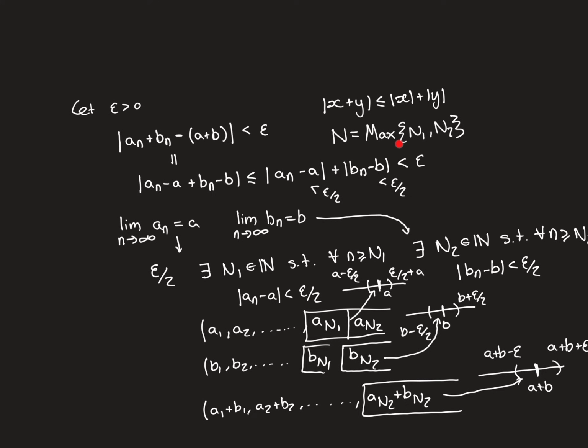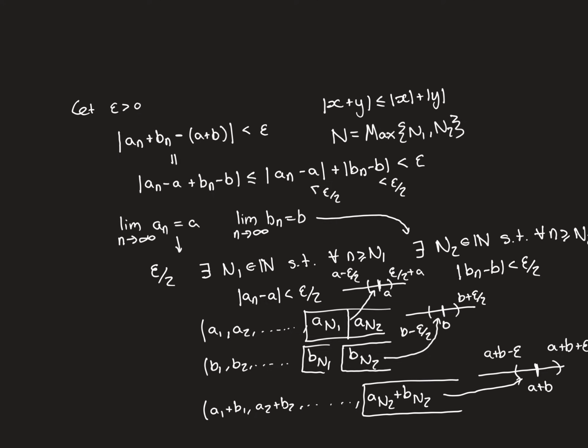So that's how you can find your big N. If they were the same number, of course, then the maximum is just that same number. But in general, one will be bigger than the other, so take that bigger one, and that will do as your big N, and you then have a proof that for all of those terms in your third sequence onwards, the distance between them and the limit will be less than this epsilon.